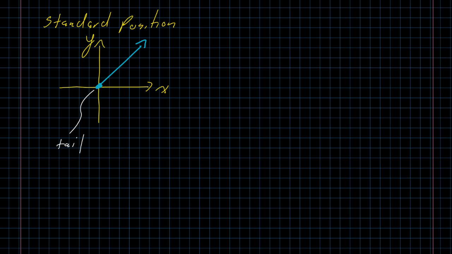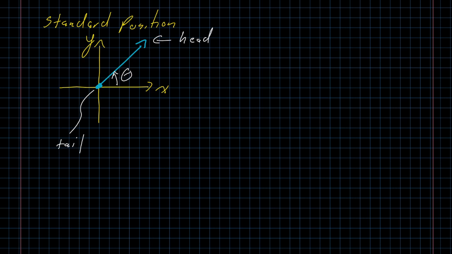We call the starting point of the vector its tail, and we call the ending point of the vector its head. And the angle of the vector is always measured in the counterclockwise direction starting at the x-axis.